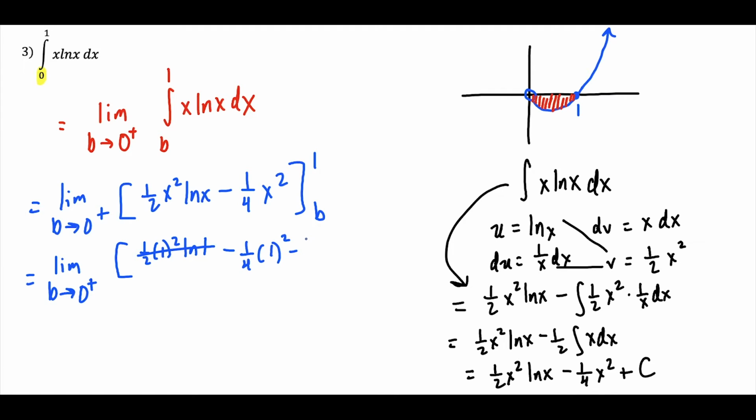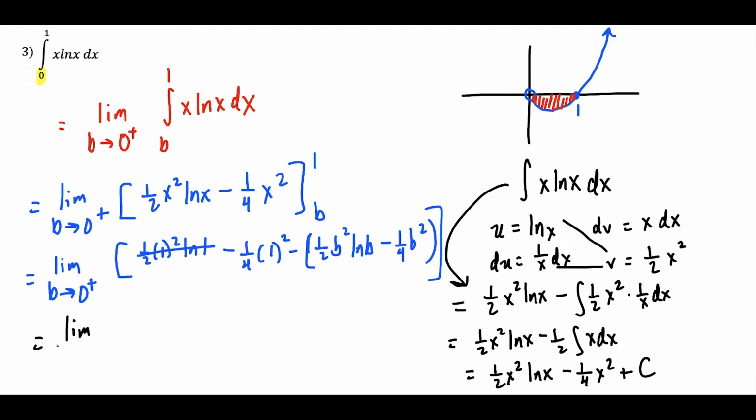And now we have minus, and we're going to plug in the b term here. So we have 1/2 b squared, natural log of b, and then minus 1/4 times b squared. So this expression, there's a lot going on here. But now if we work this out a little bit, we're going to see what we have left.